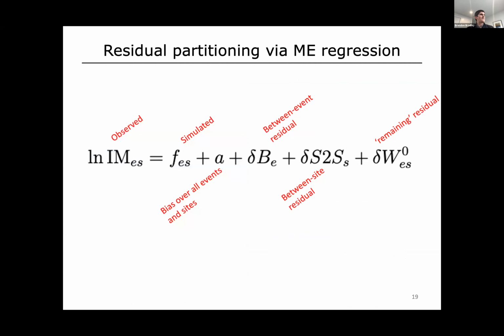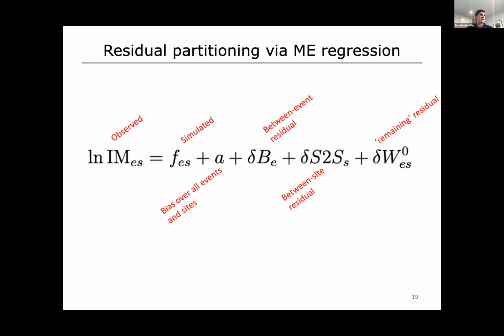For each of the ground motion simulations corresponding to the historic events, we perform the simulation and then compare observed ground motions against simulated ground motions. And because we're looking at many events over many different sites as part of that data assimilation process, we use mixed effects regression.